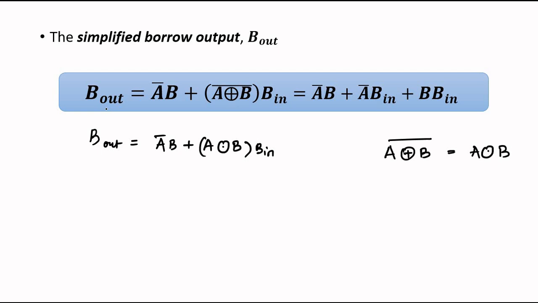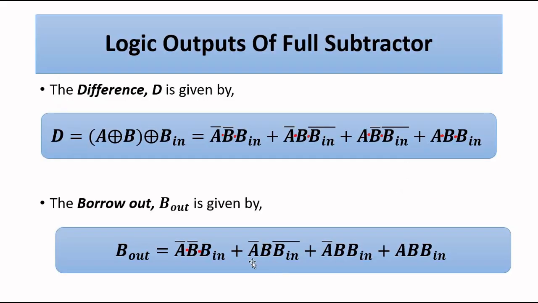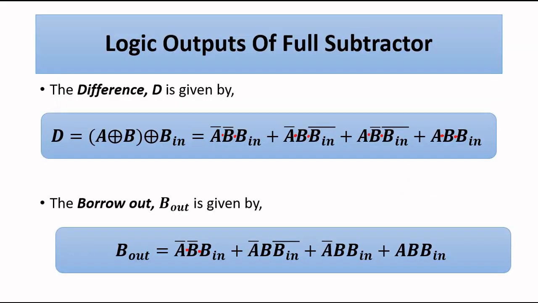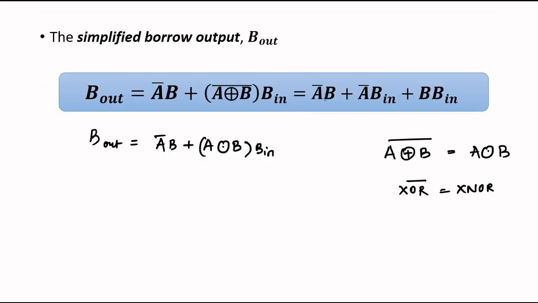Okay, XOR bar gives XNOR. This is the XNOR symbol. So this is the simplified borrow output. This is the lengthy one. This is the simplified one. We'll simplify it using K-map to get here, and how we will get this from this we'll see. Okay, I will tell you.